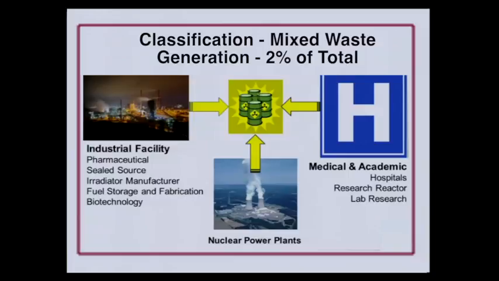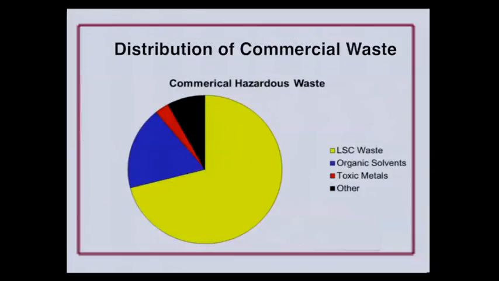The actual breakdown, if you look at it, you'll see almost all of it is this LSC, liquid scintillation counting. Remember when we talked about liquid scintillation counting and you mix this fluor and the chemicals that you put in there and shake it up? Well, those chemicals just made mixed hazardous waste because it's radioactive and you just added chemicals to it.